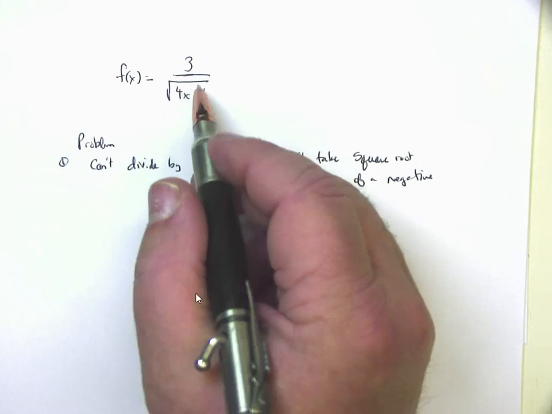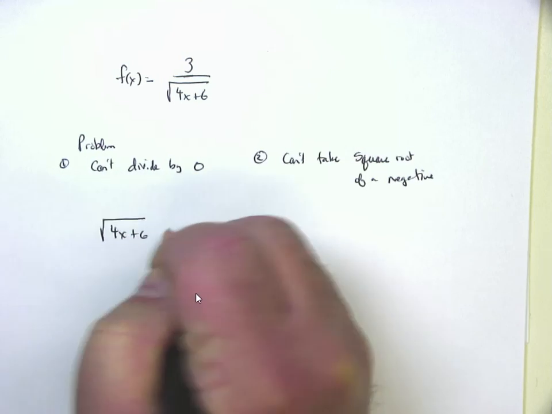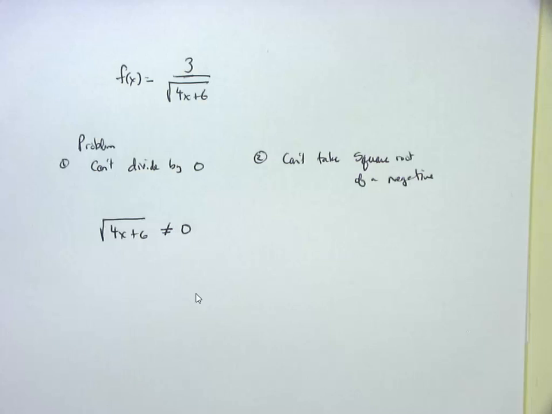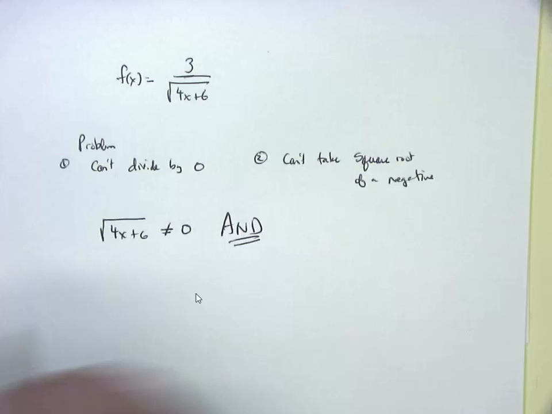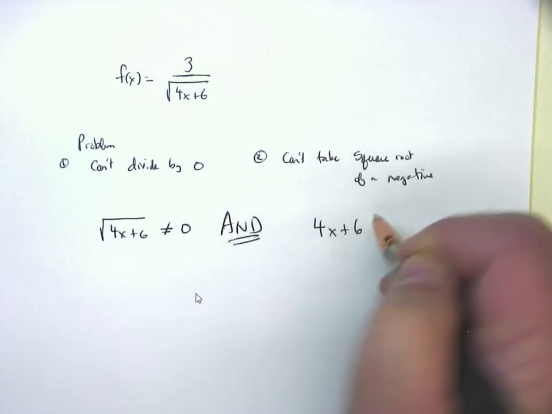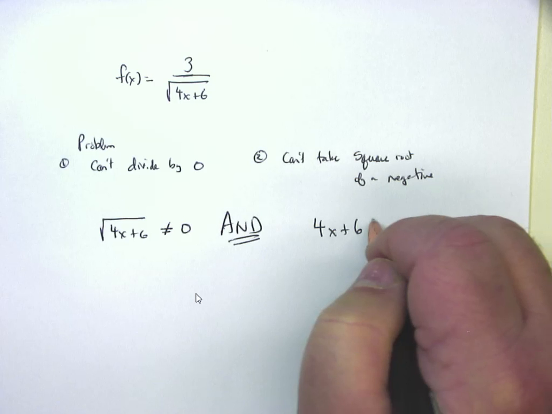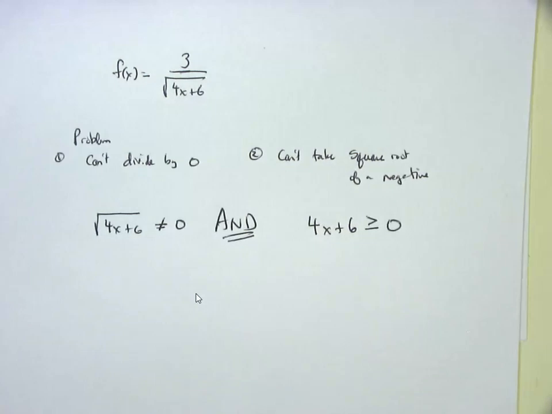Now, the square root of 4x plus 6 can't be equal to 0, and just underneath the square root can't be negative. So the 4x plus 6 has got to be greater than or equal to 0, because what's underneath the radical must be greater than or equal to 0. So again, I'm tying these two concepts together.